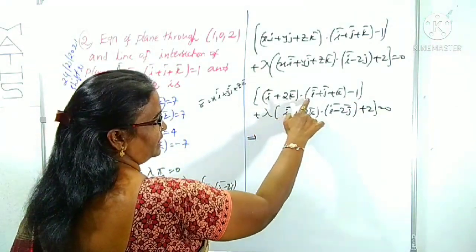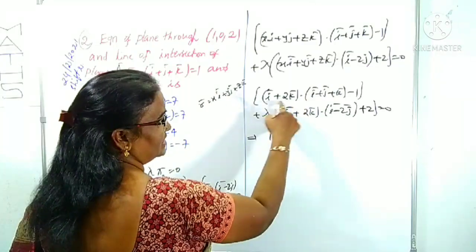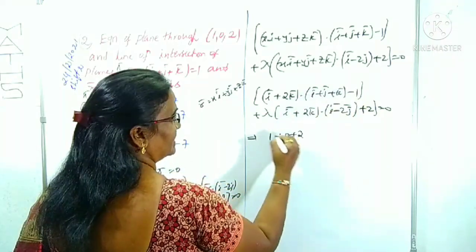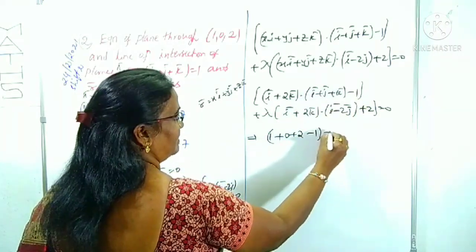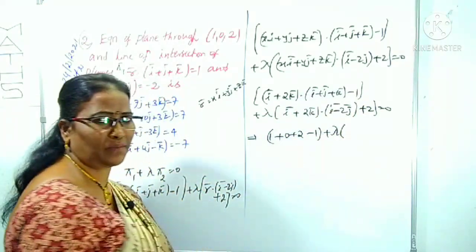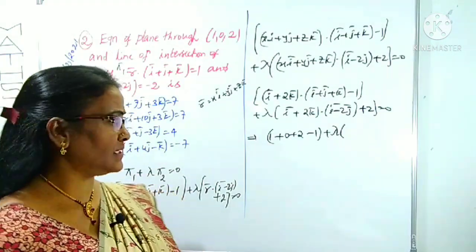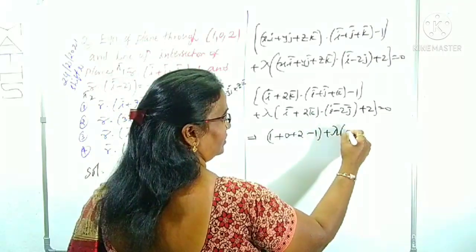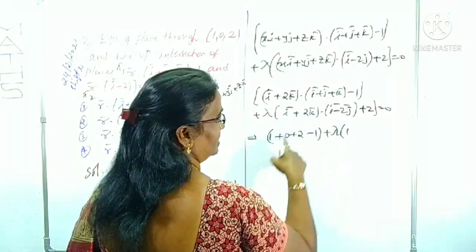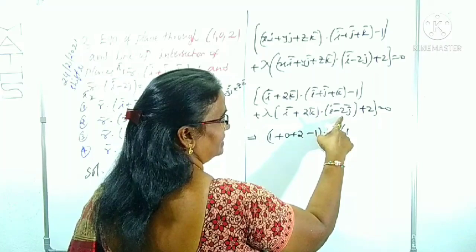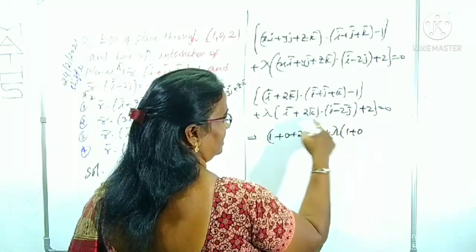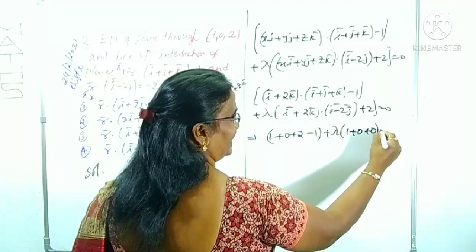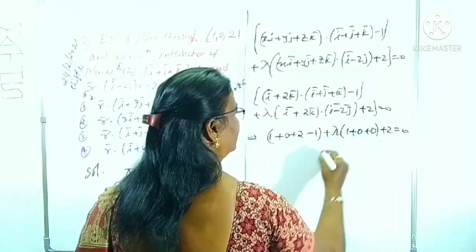In the dot product, 1 into 1 is 1, plus no j term so 0, plus the k term is 2 into 1, which is 2, with the minus 1 already there. Plus lambda times, as already explained for dot and cross products, 1 into 1 for i, j is 0, k has no term, with plus 2 is equal to 0.